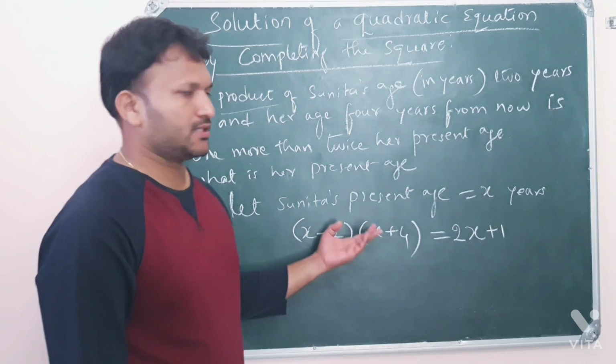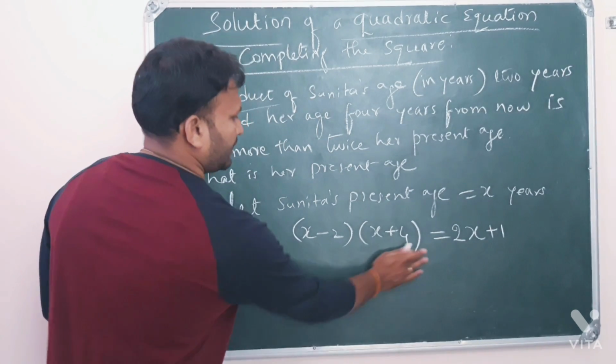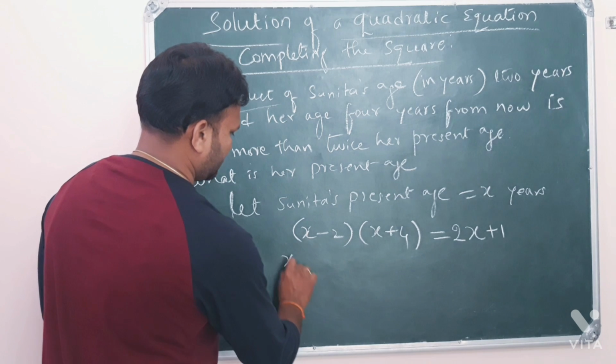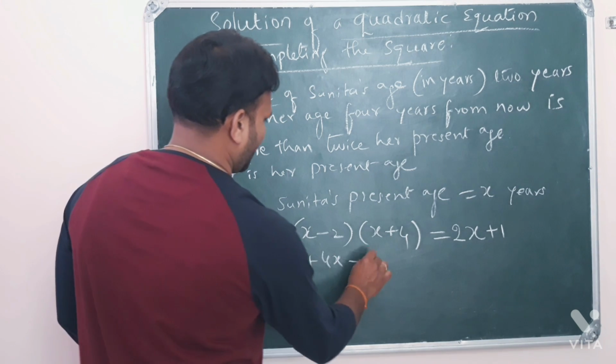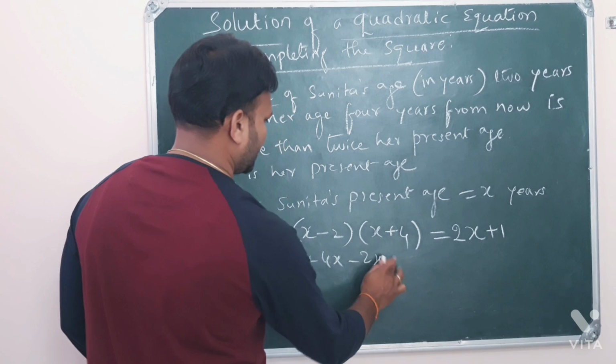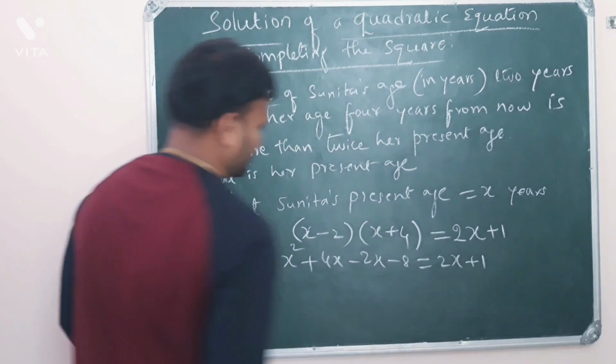Then what is her present age? So here you can calculate it very easily. x into x, x square, plus 4x minus 2x minus 8 is equal to 2x plus 1.